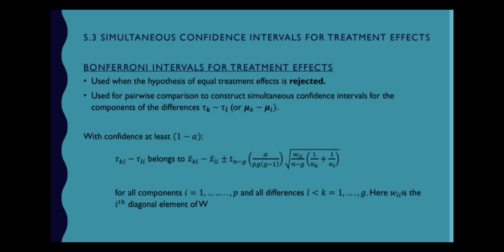Okay, multiply dengan 1 over nk, sample size for first population, plus 1 over nl adalah sample size for second population. Kalau I gunakan tadi first population dengan second population. So this is the Bonferroni confidence interval to check for the treatment effect.